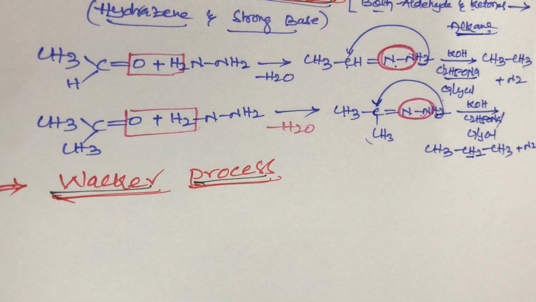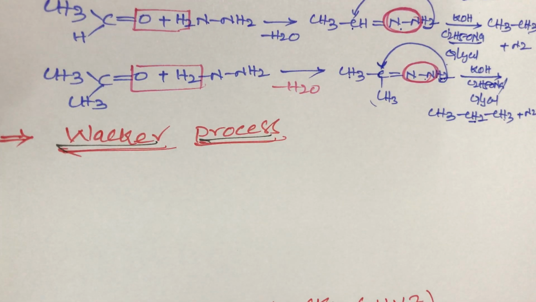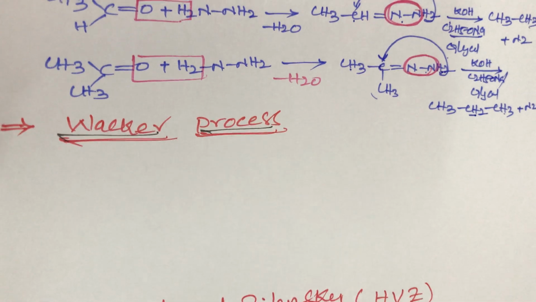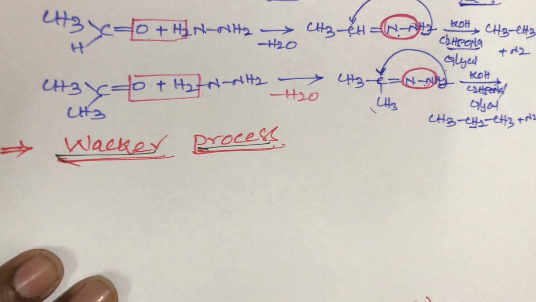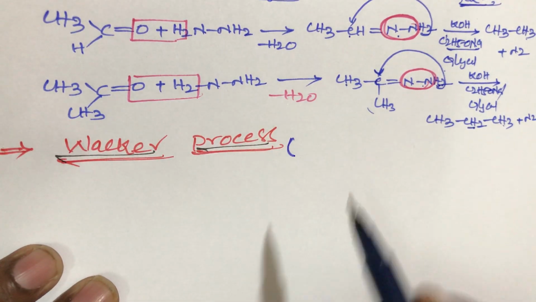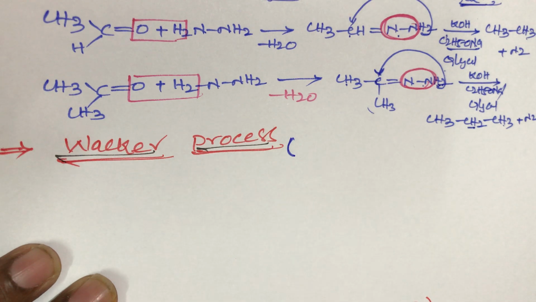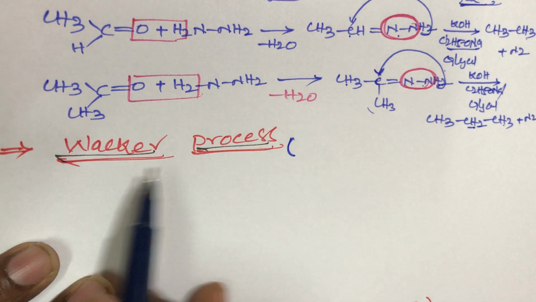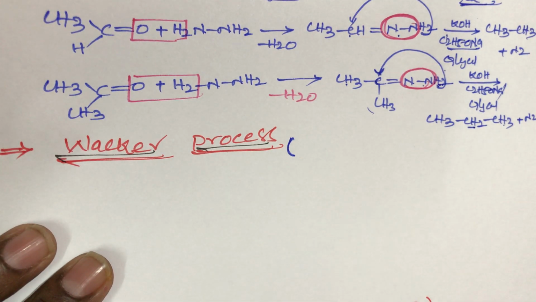Now the next important named reaction is the Wacker process. It is also important. What is the use of the Wacker process? Both aldehydes and ketones can be prepared from alkenes by the Wacker process. It is most important.